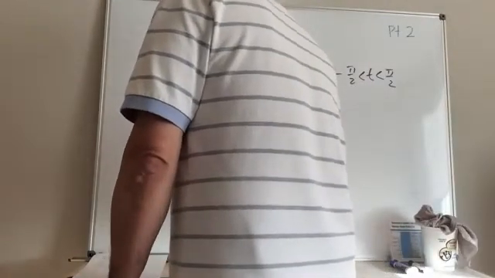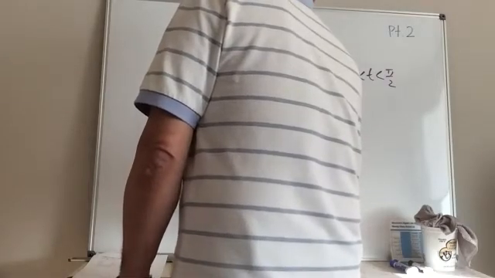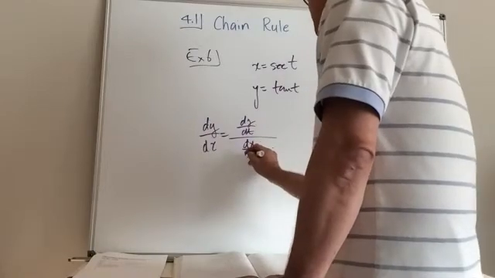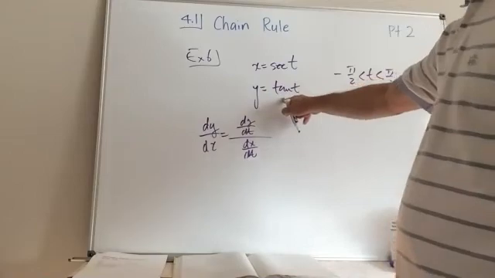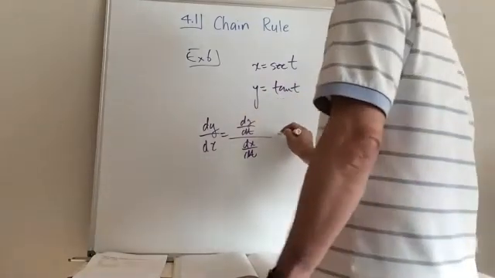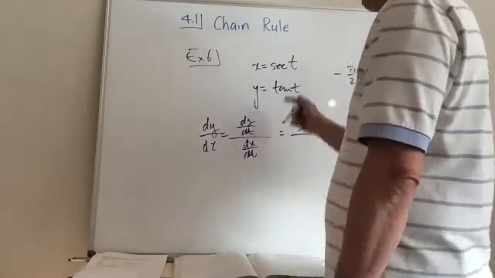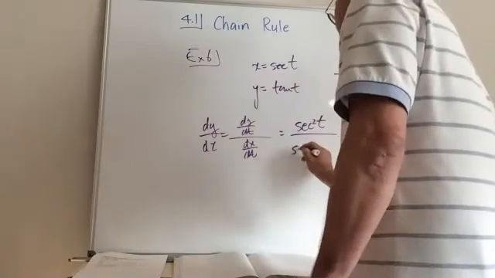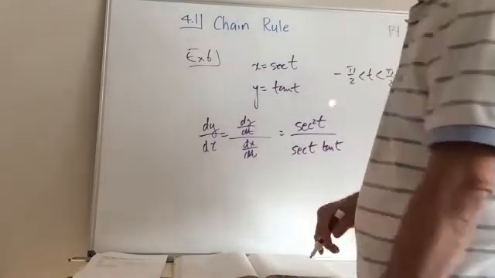So dy/dx is dy/dt over dx/dt. dy/dt is the derivative of this with respect to t, so it's secant squared t. Then I want the derivative of x with respect to t, so that's secant t tan t.